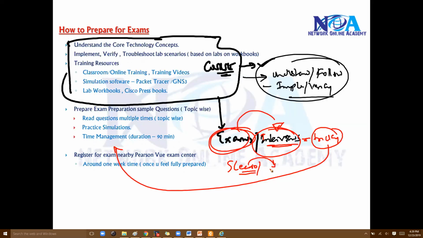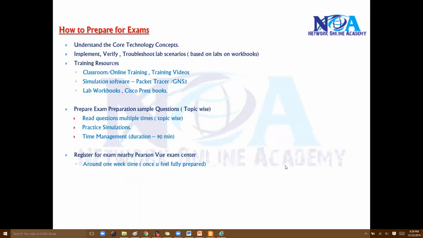It looks like you have 4 options and have to select one, but at the end, all the 4 options may look similar, near to the correct ones. So preparation goes like this: you need to prepare on some of these exam preparation questions, either topic wise or individually.